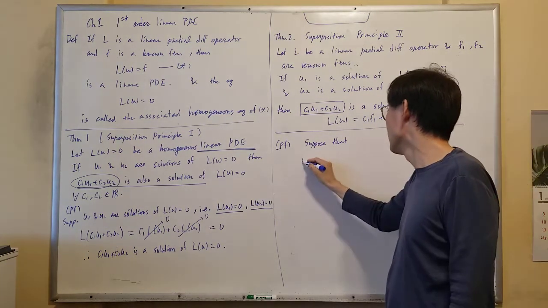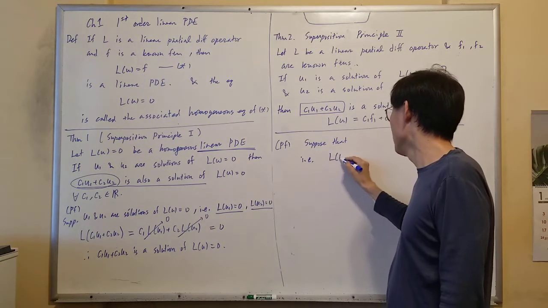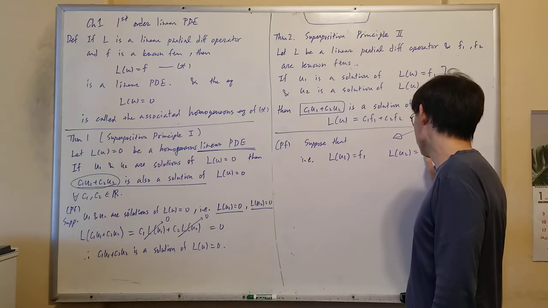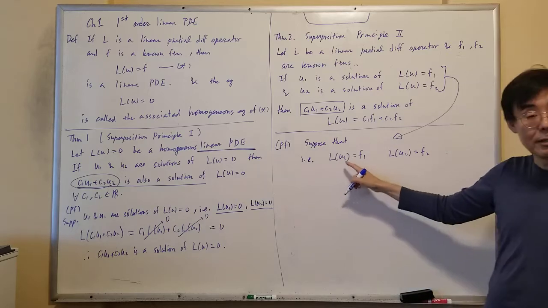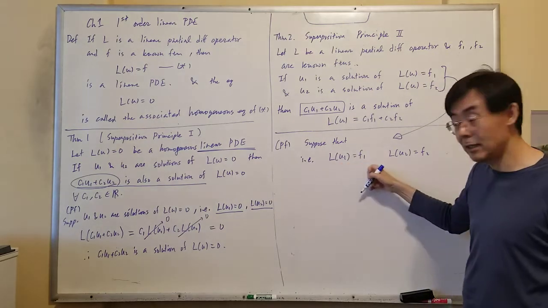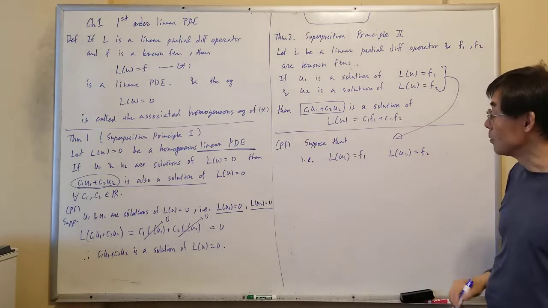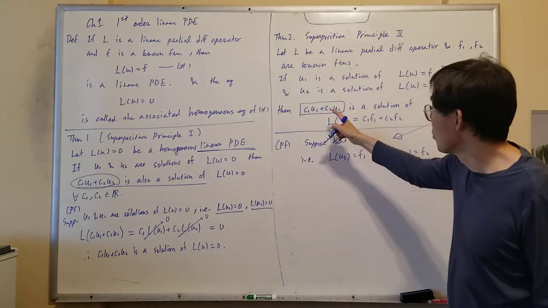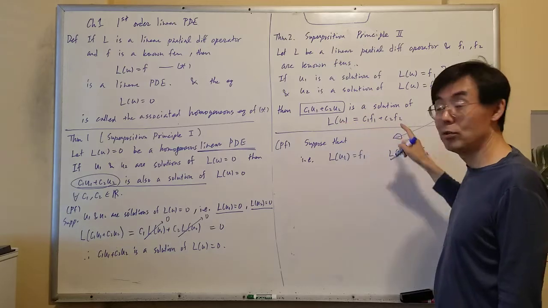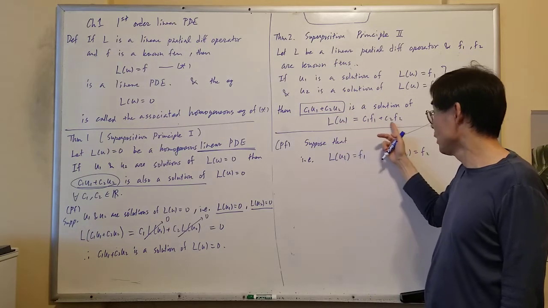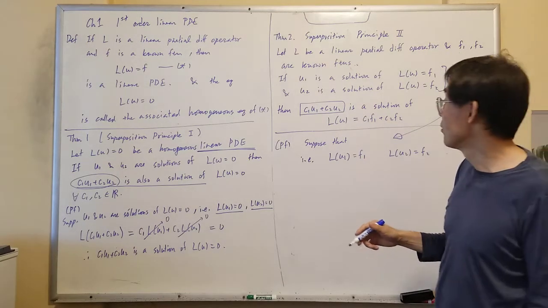That means L of U1 equals F1 and L of U2 equals F2. When you plug in U1, you get an identity with F1, and the same for U2 with F2. Now, to show that this is a solution of the new differential equation, we have to show that L of this is identically equal to the right-hand side.